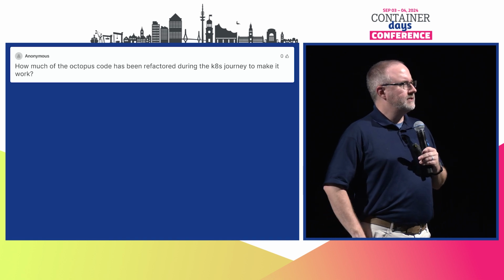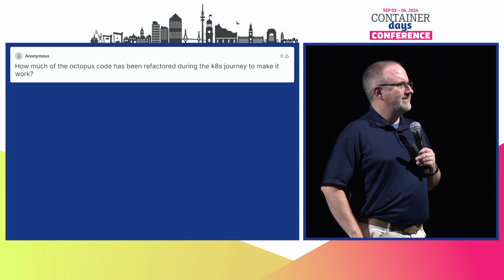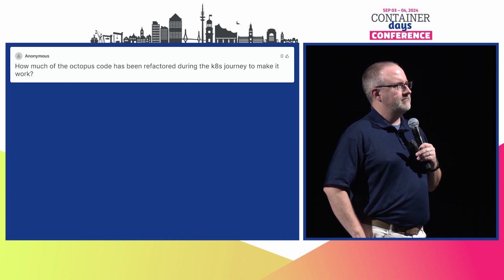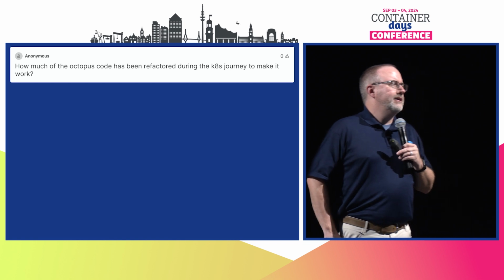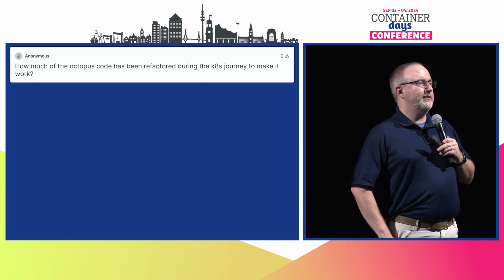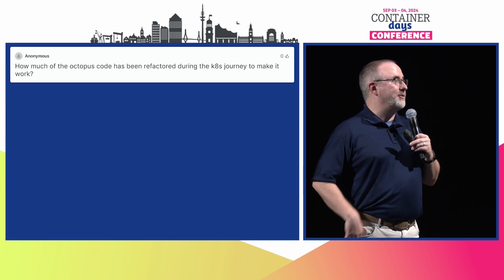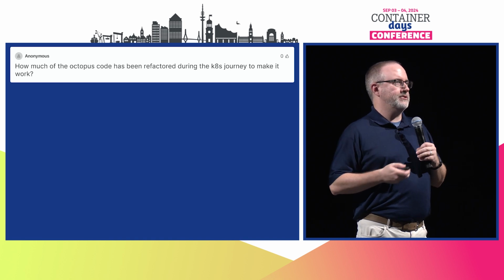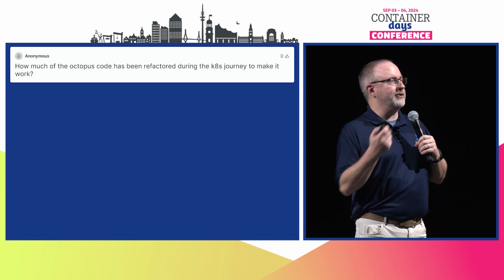As a follow-up question, did it help with finding talent to move to a different kind of stack? Is that something that was a consideration as well? That was a big challenge because the vast majority of people who worked for us at the time didn't have Kubernetes expertise. And so a lot of people had to learn on the fly.